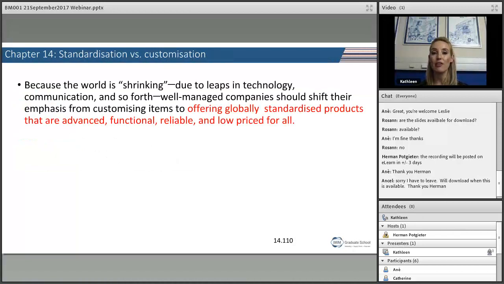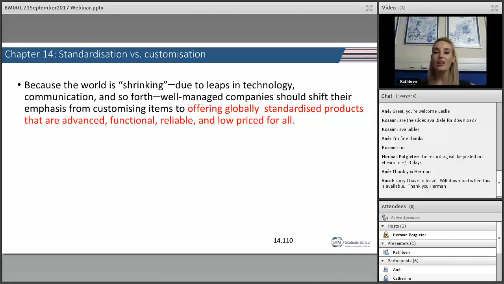And we would need different points of parity and points of difference. We may have a different legal environment, which may force us to make changes. We may be in an environment with different marketing institutions and different administrative procedures, which would make a single brand with a single marketing program difficult to implement.